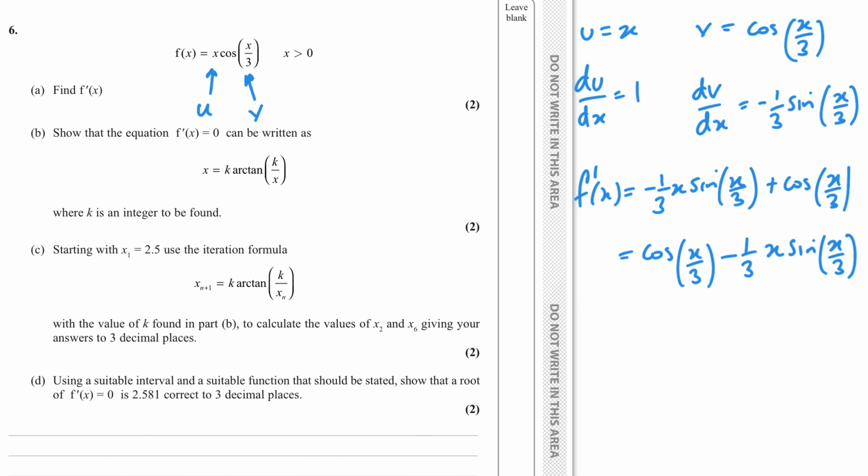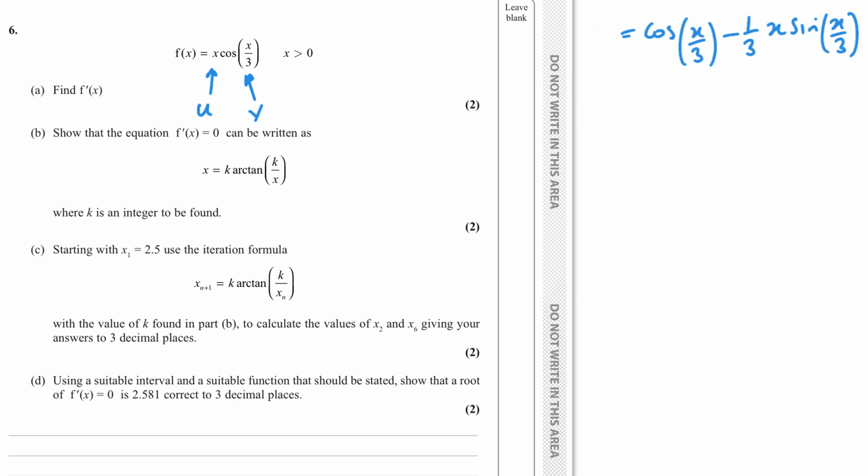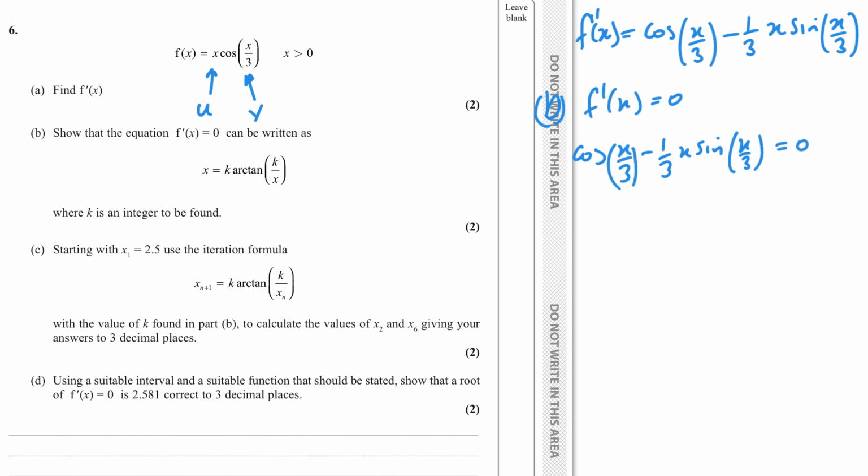So part B is a show that, we need to make this equal 0 and then rearrange. So this shouldn't be too difficult, just going to make a little bit more space. Okay, so it tells me that this equals 0, so that means that cos x over 3 minus 1/3 x sine x over 3 equals 0. So first take my sine to the other side, so we get 1/3 x sine x over 3.